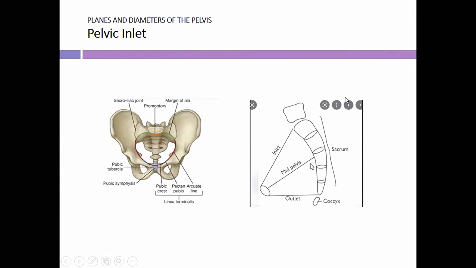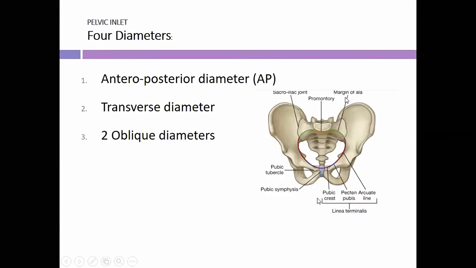Now, the pelvic inlet, if you look on from the lateral view, this is the sacral promontory, this is the symphysis pubis, so this is the pelvic inlet. The mid pelvis, or the plane of least pelvic dimension, is this structure, and this is the pelvic outlet. Now, we concentrate first on the pelvic inlet. It has four diameters.